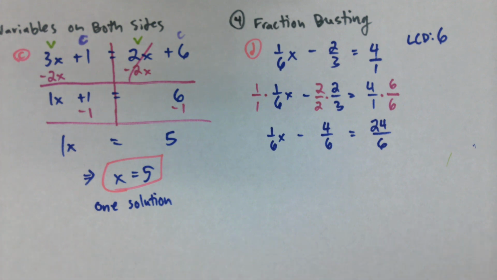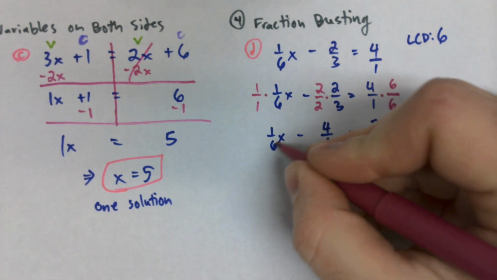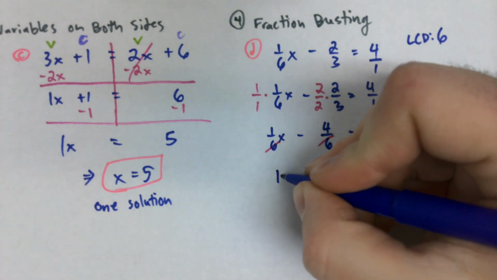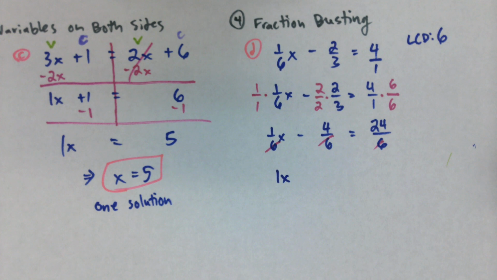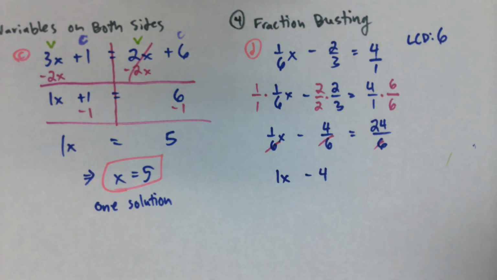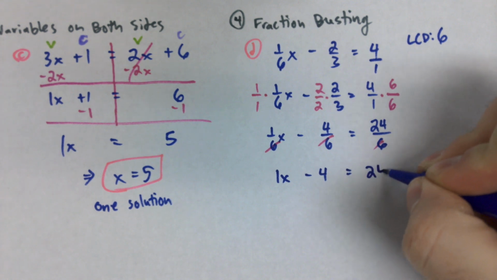Now that we have all of our terms with the same denominator, what can we do with those 6's on the bottom? Azalea, what can we do with those 6's? Cross them out. Goodbye 6's. They all go away, leaving us with 1x minus 4, right? Just everything across the top equals 24.